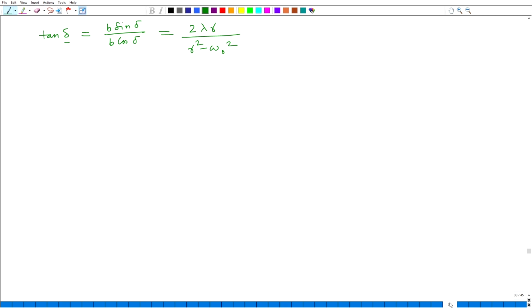So, you can finally write that my z is nothing but B e^(iγt). I write B as b e^(iδ) times e^(iγt). So, this b times e^(i(γt + δ)) will be my z.